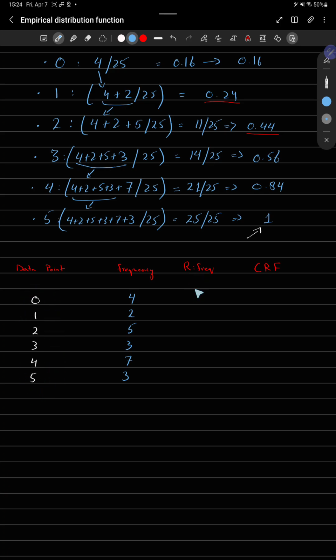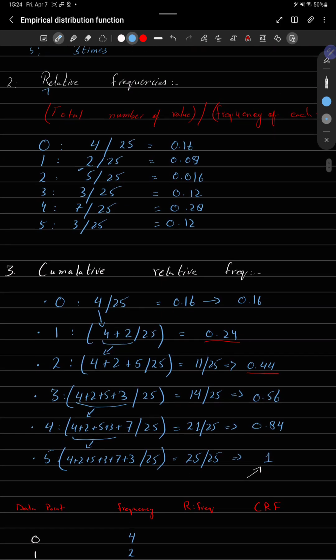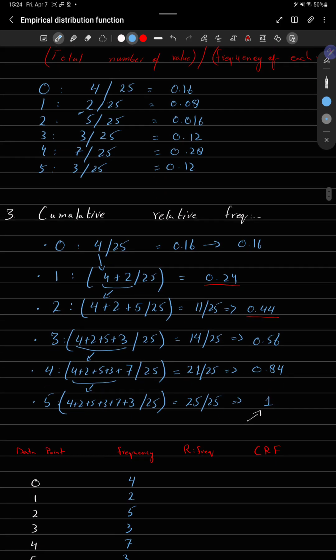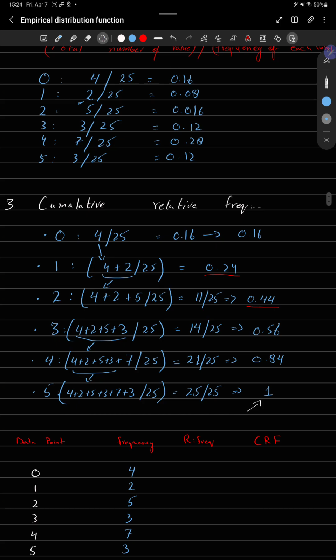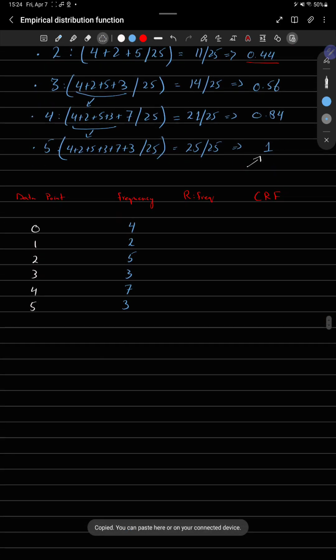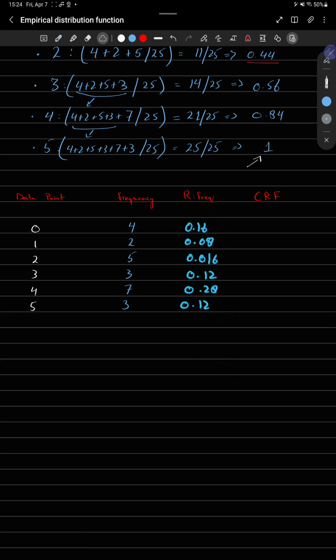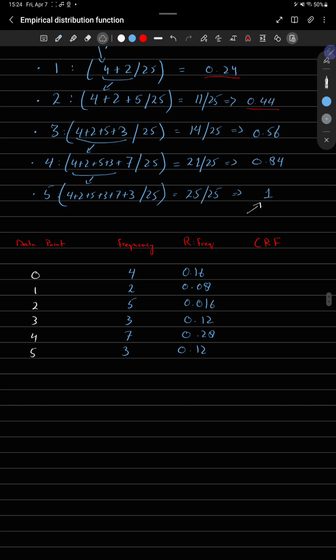Now for the relative frequency, these values are our relative frequency. So let's copy it, and we just paste here. Okay, this one is our relative frequency. And what is our cumulative frequency here?